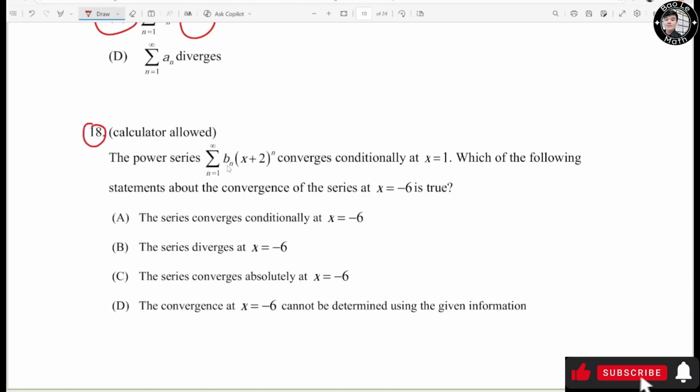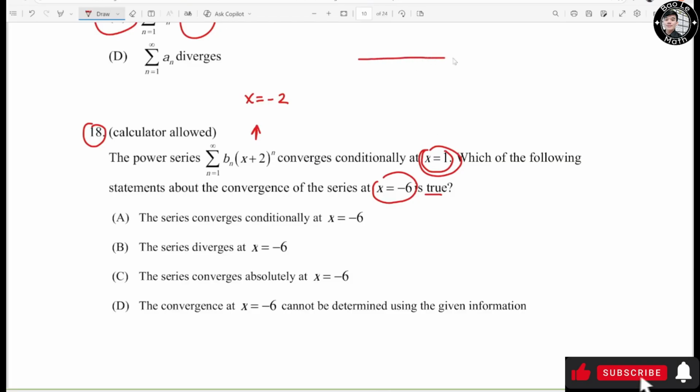The power series b sub n times s plus 2 to the n converges conditionally at s equals 1. Which of the following statements about the convergence of the series at s equals -6 is true? Alright, so observe that the series is centered at s equals -2, and the series converges at s equals 1, right?